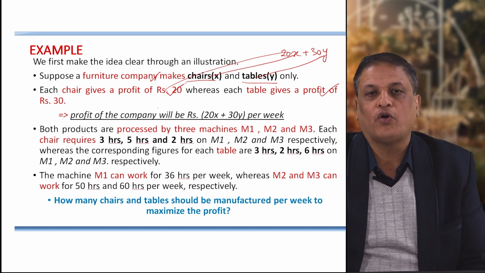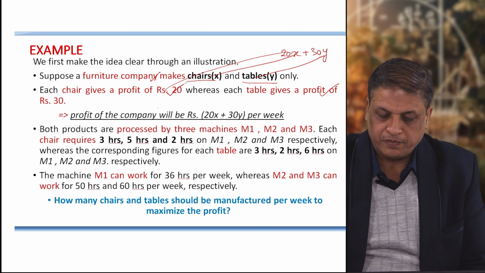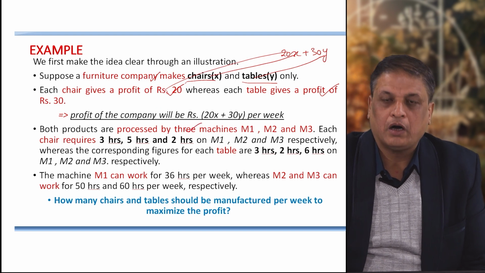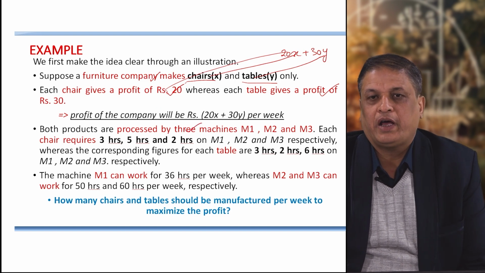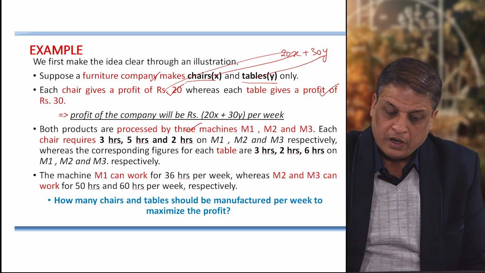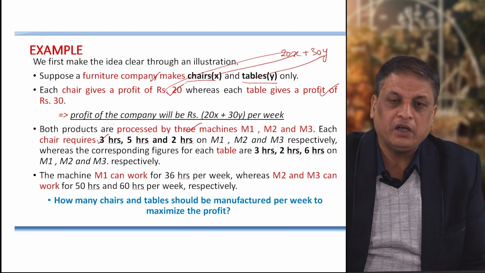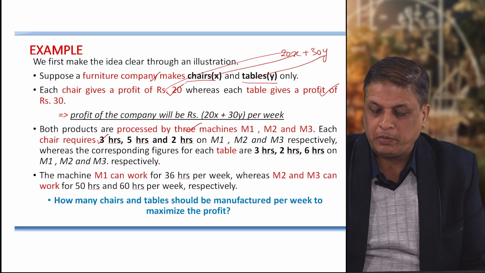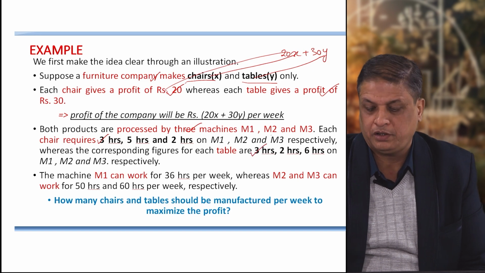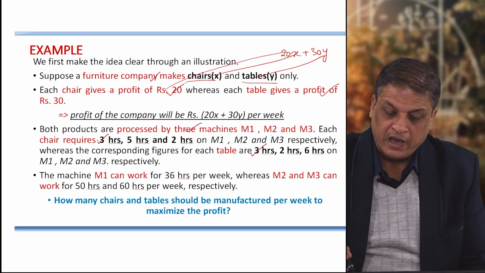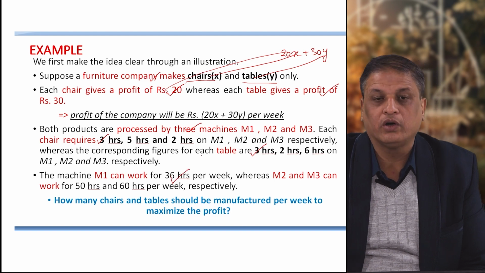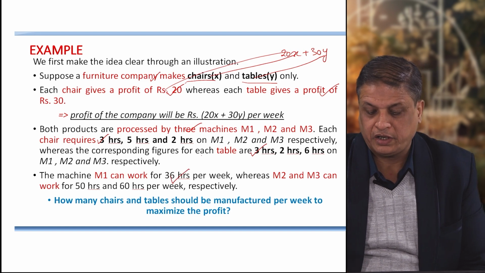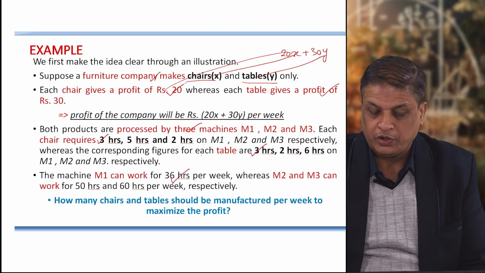Now, we need to formulate the constraints. The constraints are about the 3 machines M1, M2 and M3. The chair requires 3 hours on machine M1 and the table requires 3 hours on machine M1, and M1 can work only for 36 hours per week.